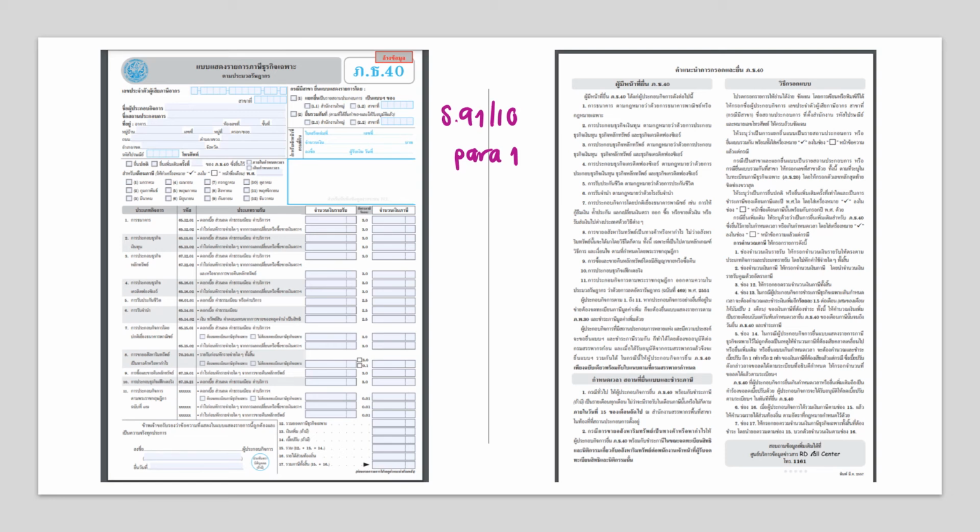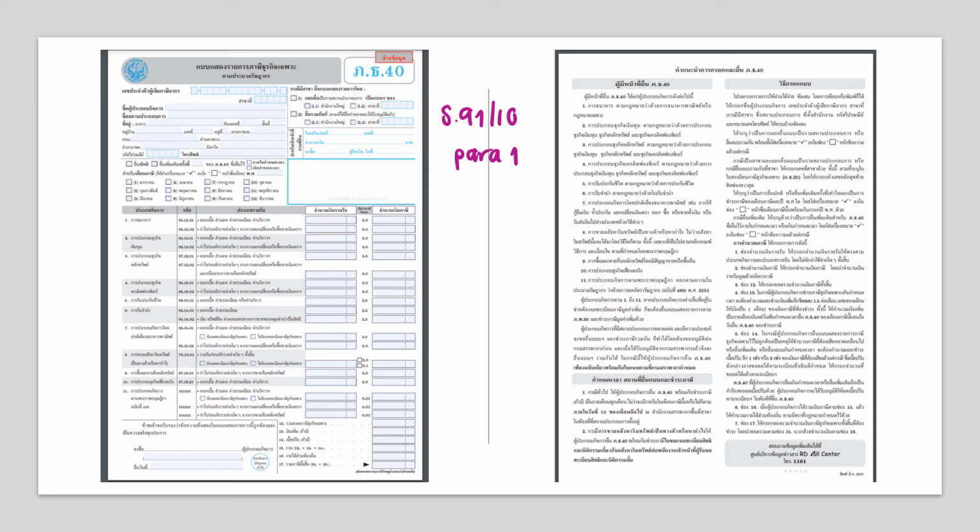So you can see that you need to provide the revenue department with the details of your business, and you need to tell them which month this form is used for, from January, February, March, April until December. You need to tell them about the type of your business, your tax base, the gross receipt and the rate.